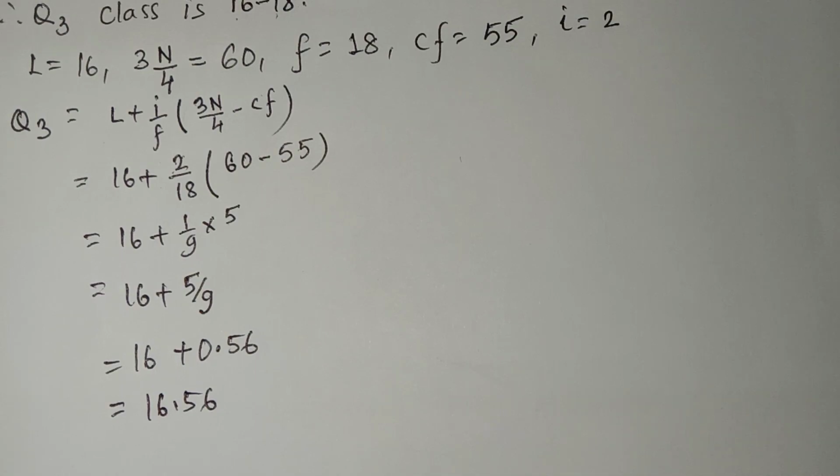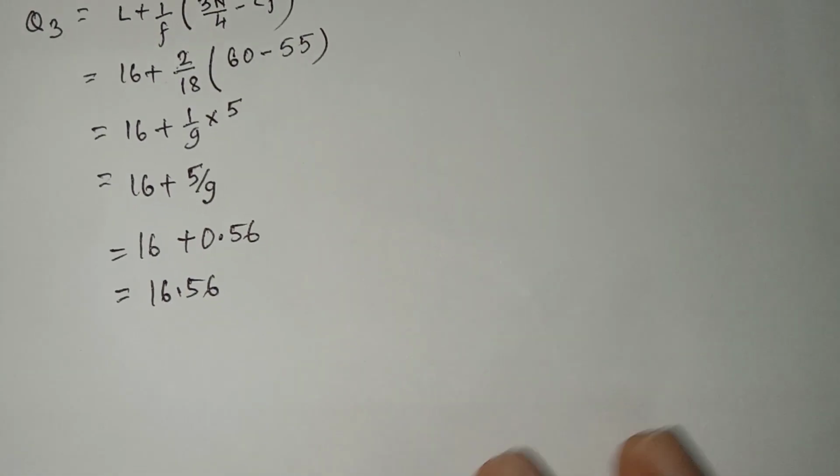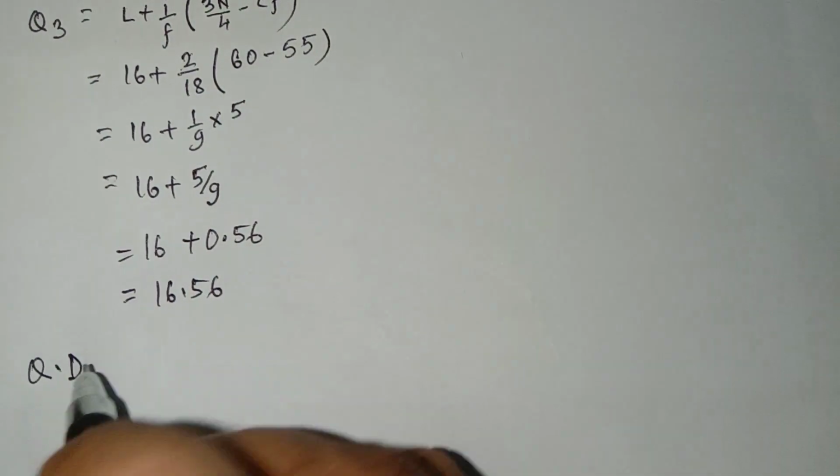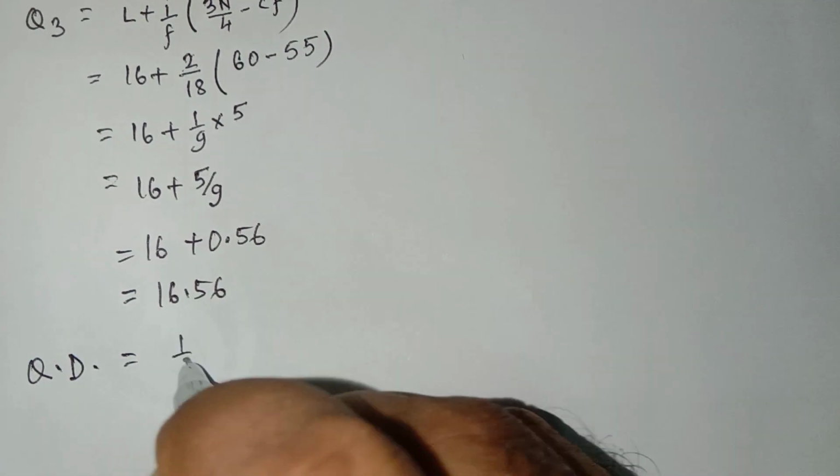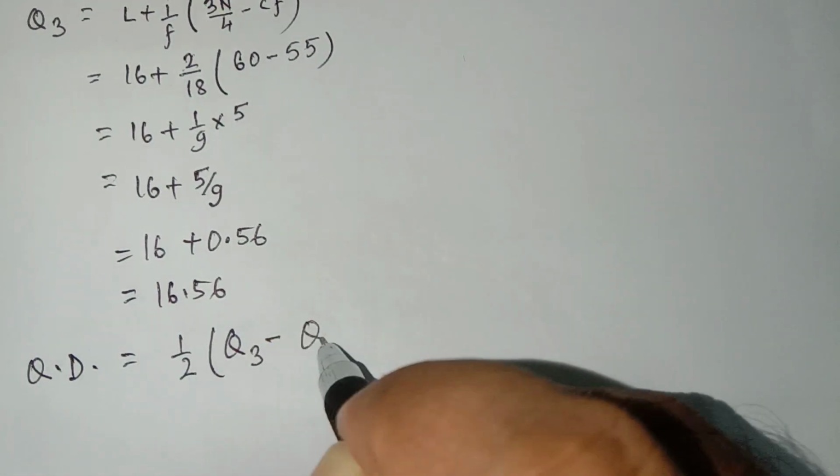We have Q3 and Q1, and after finding Q1 and Q3, we say that QD, quartile deviation, is equal to half of Q3 minus Q1.